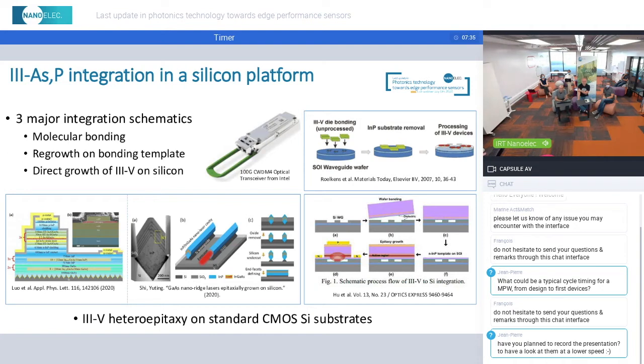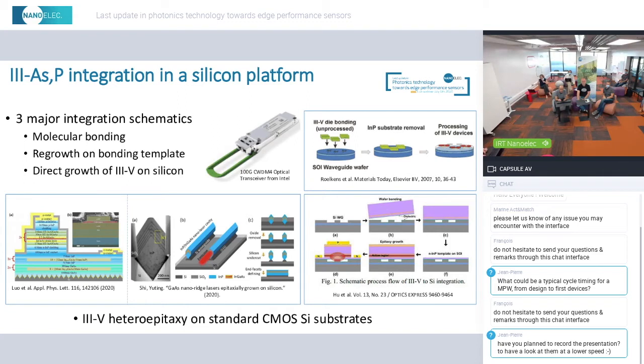And in this presentation, we will talk more about the direct growth of III-V on silicon, which is a more prospective route, which shows some quite interesting results in the last few years. So I will talk now about the III-V hetero-epitaxy on standard CMOS silicon substrate.